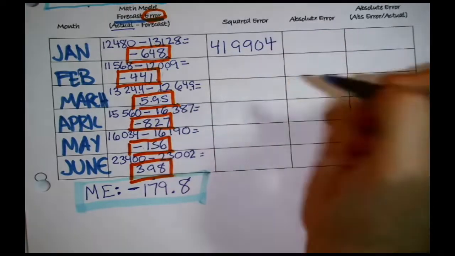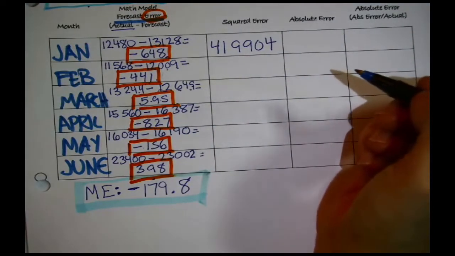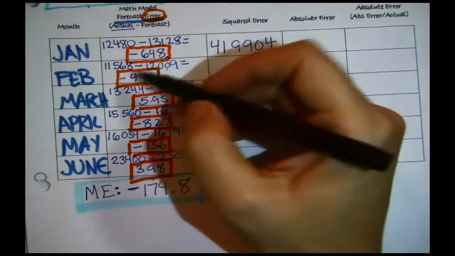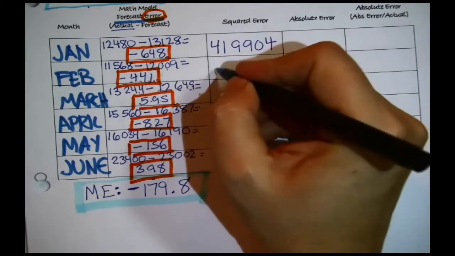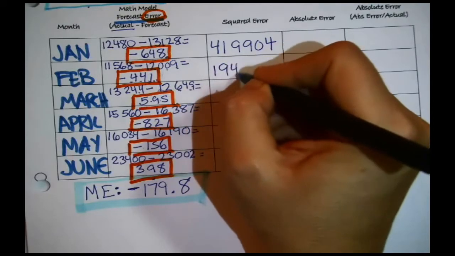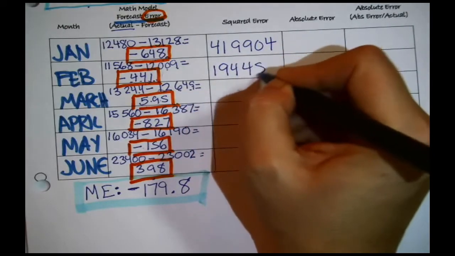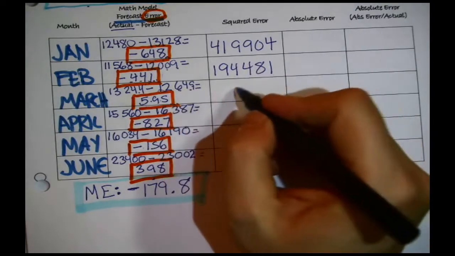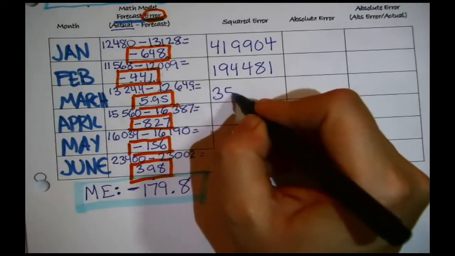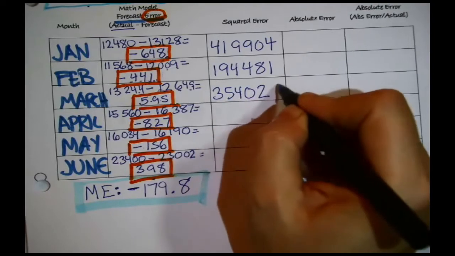I get 419,904. Now, a negative 441 times a negative 441, I get 194,481. Then here, 595 squared, I get 354,025.